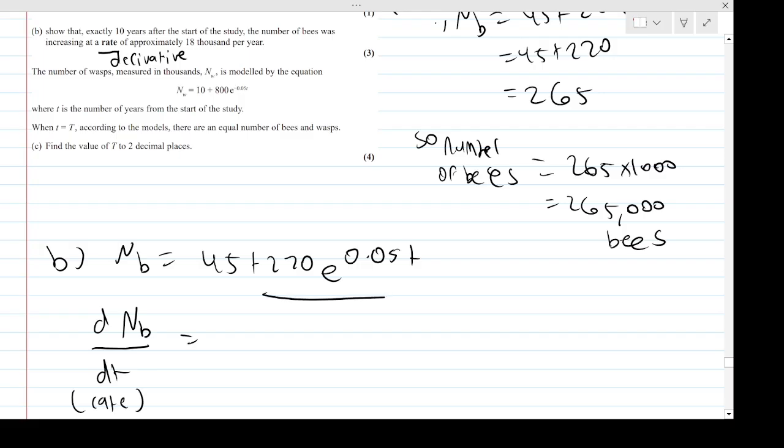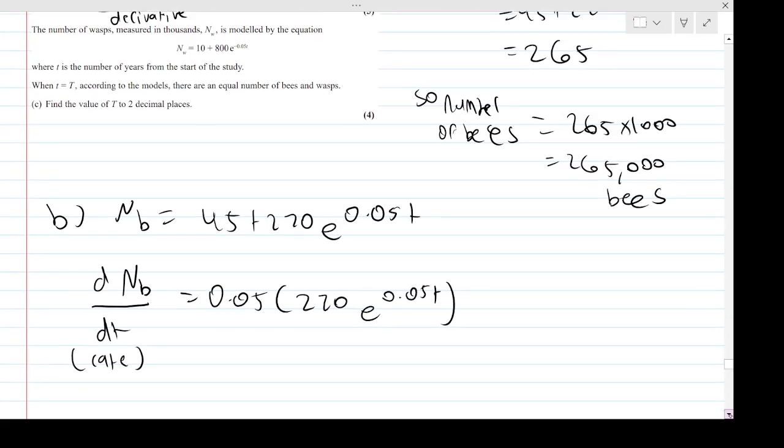So then we're left with differentiating 220 e to the 0.05t. So remember, when differentiating, the coefficient, the number in front of t, comes to the front. So we're left with 0.05 lots of 220 e to the 0.05t. And if we multiply that, 220 times 0.05, that's 11 e to the 0.05t. So that's my rate, okay?